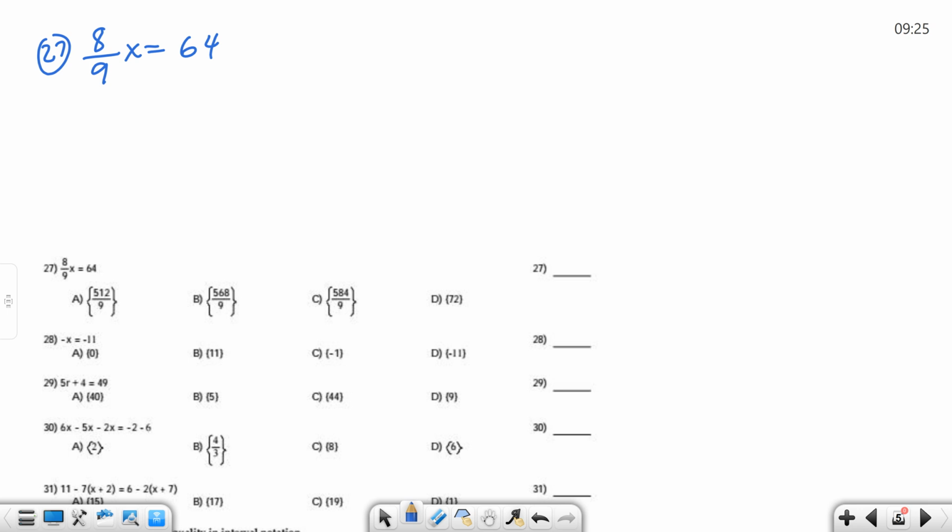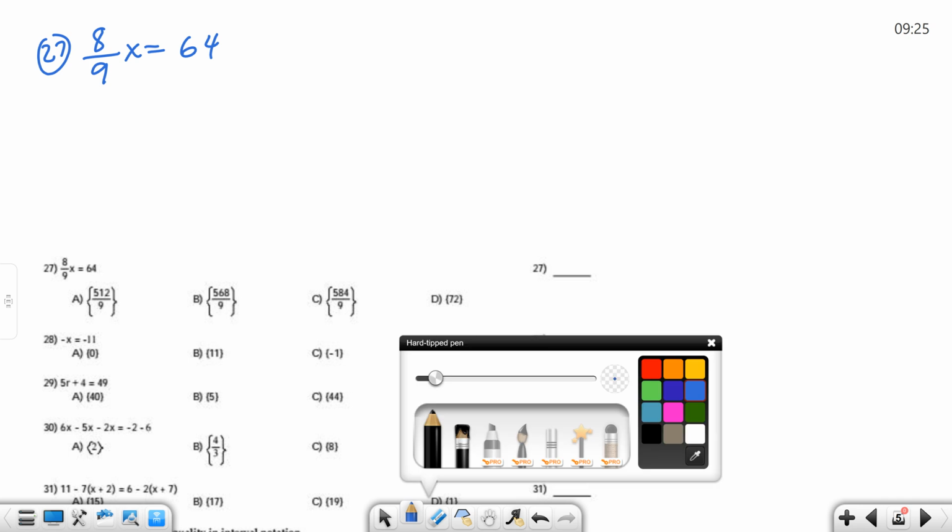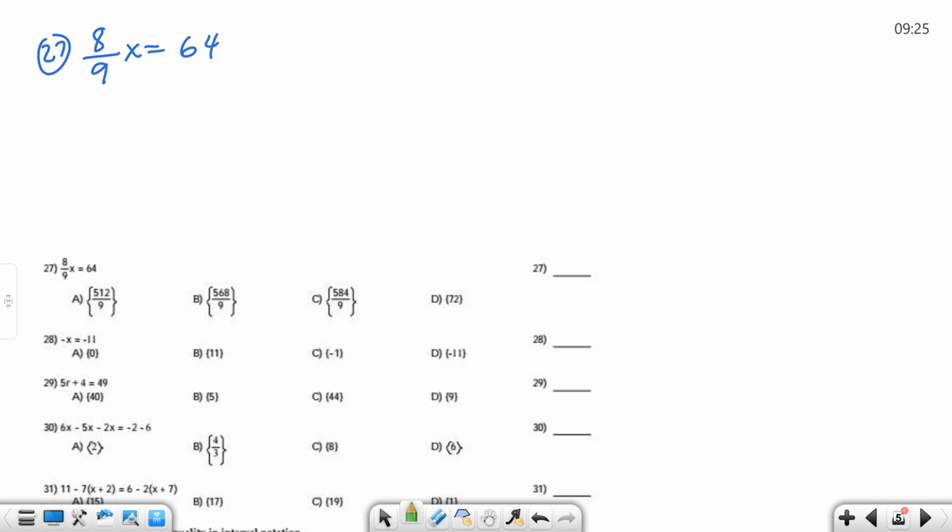So, or out beside it, it's over 1. So here, I have a denominator. My LCD here is 9. I'm a fan of multiplying everything by the LCD. That's what I like to do. So if I do that, that's going to divide out. That's going to be 8x equals 9 times 64. You can multiply that out, or you can leave it 9 times 64 right now.